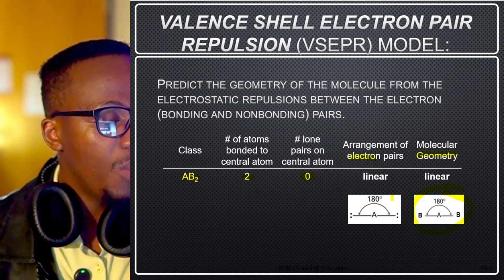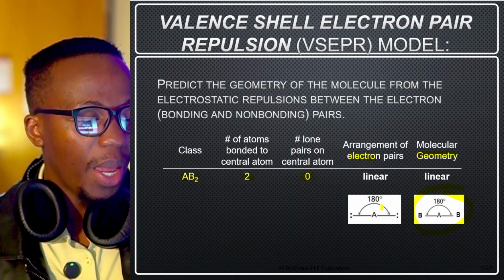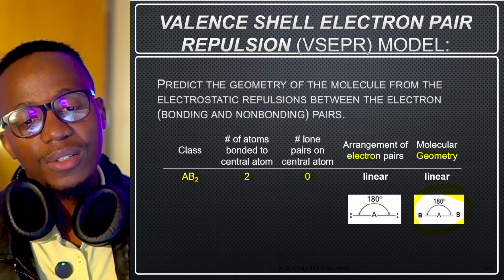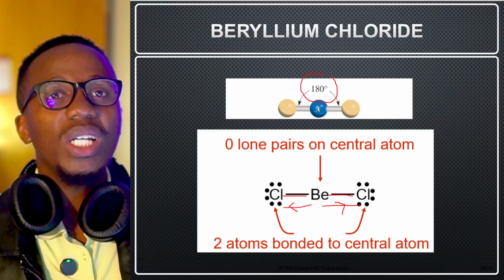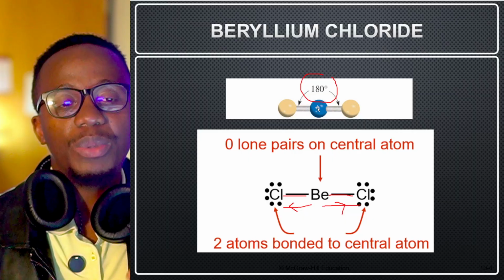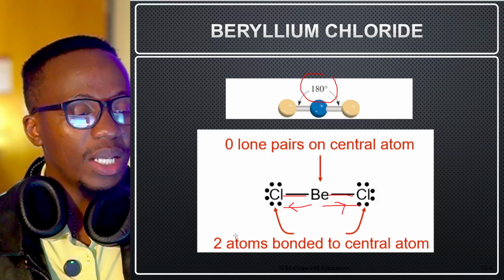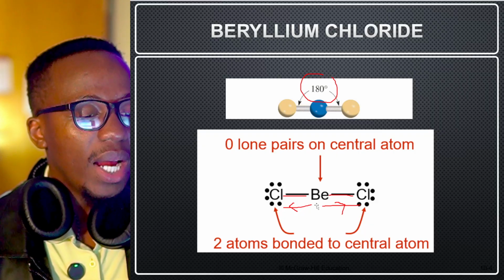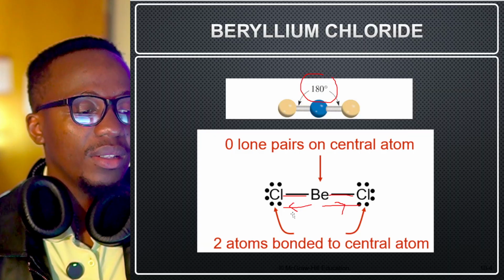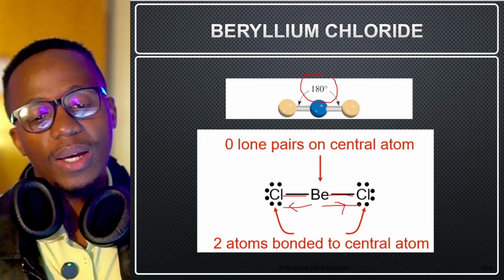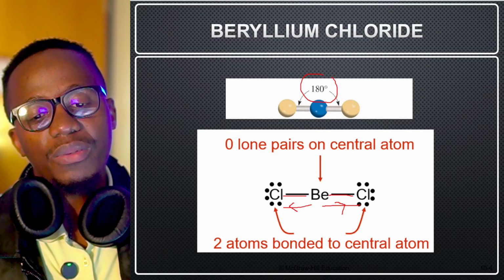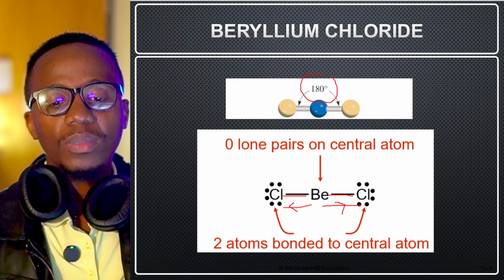Why? Because there are no lone pairs. So it's linear. I'm going to give you an example for each one of these, because you should be able to come up with an example. Barium chloride is linear with 0 lone pairs. So this is an example of linear geometry.